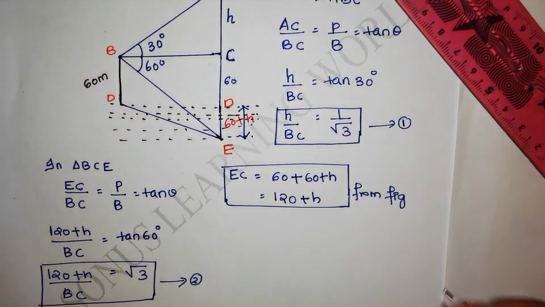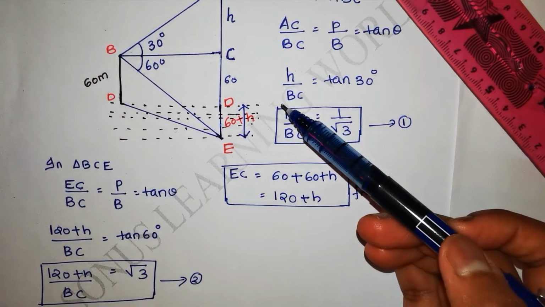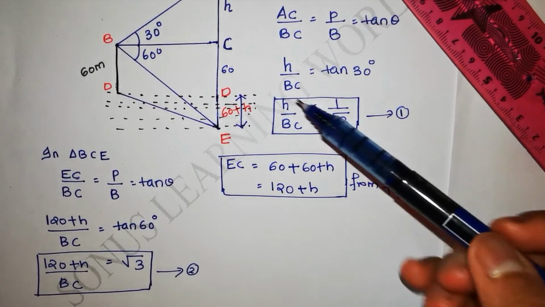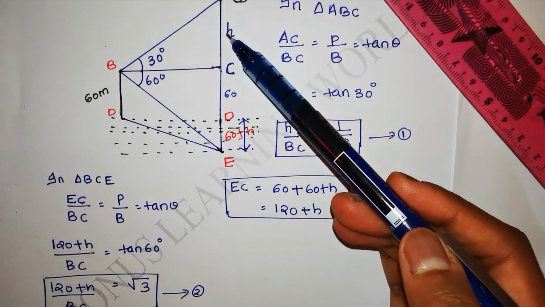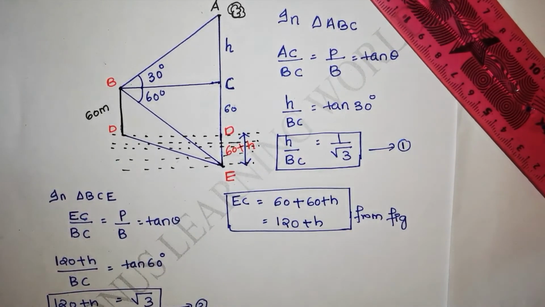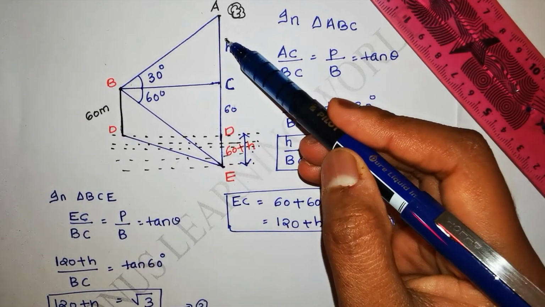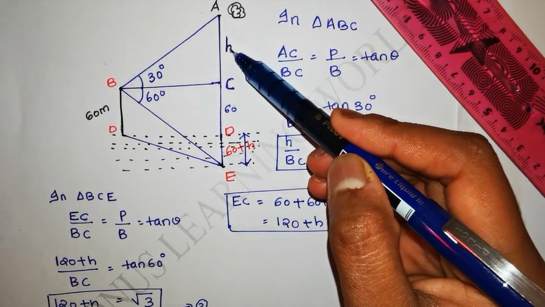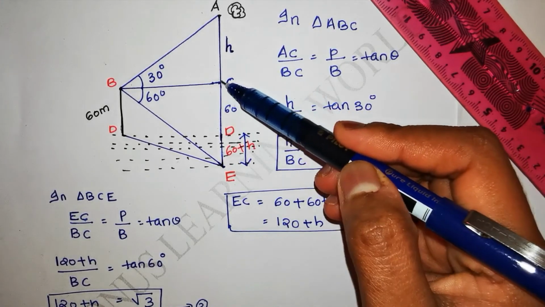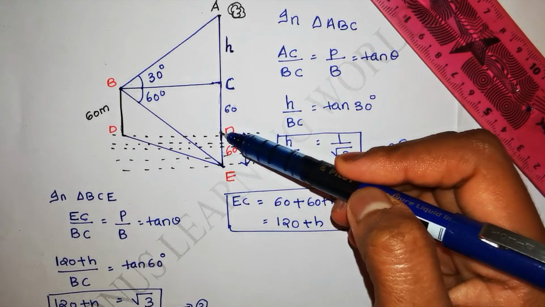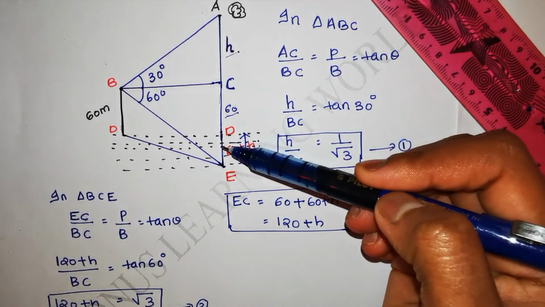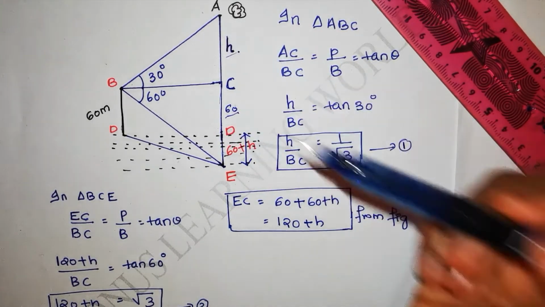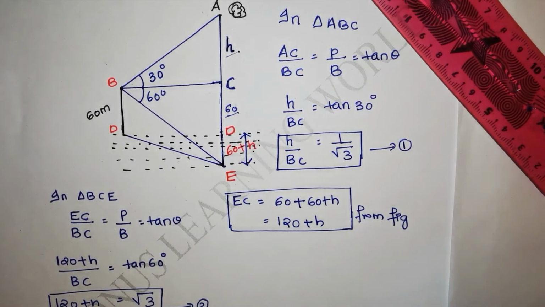Okay, students. So we have to find the value of H. If you find the value of H, you have to think, students, think and then execute. If we are able to find the value of H, we know this much distance is 60. So if I add the 60 with this H, I will be able to find the height of the cloud from the surface of the river or the lake.